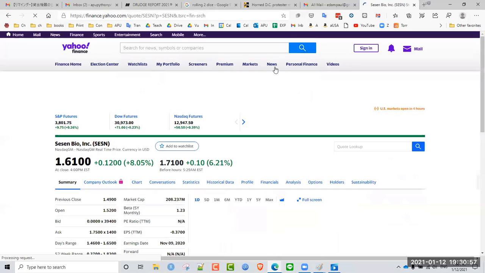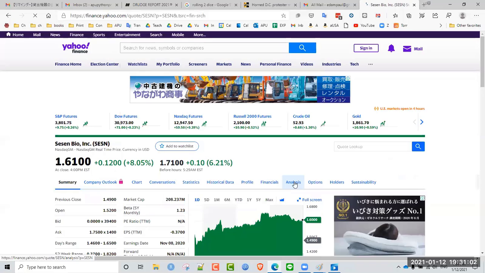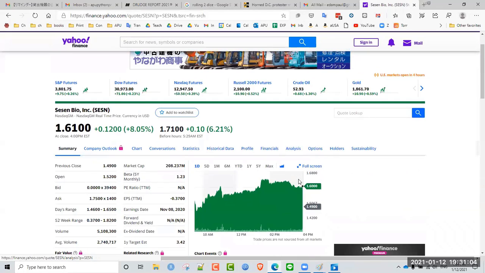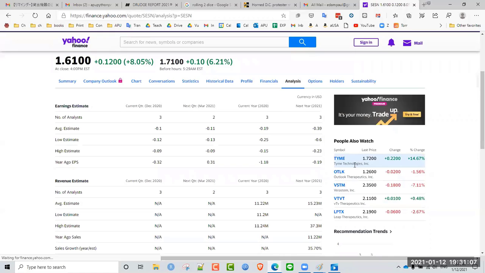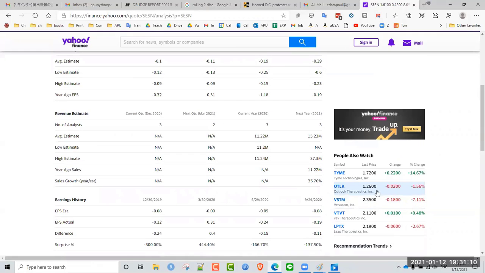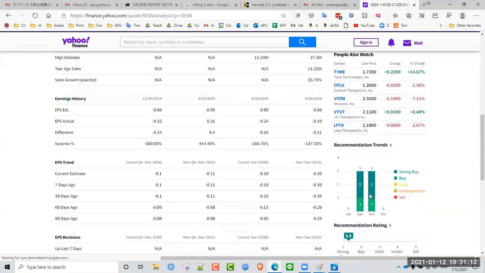If you go here, there's a section called Analysis. Under the Analysis section, you can find that they have some professional analysts who say that it's a strong buy. So in December, they said this was a strong buy, and one person said it was a buy, but not a strong buy.